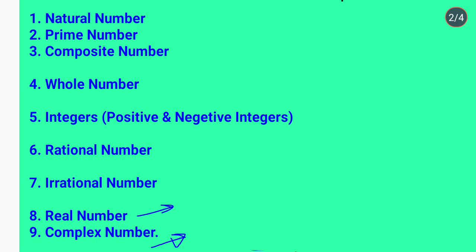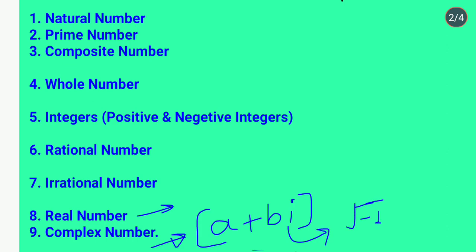For introduction, complex numbers are of the form a plus bi, where a and b are real numbers and i is the square root of -1. You will find this type of number in your high school and senior secondary examinations. So this was the introduction part of our video.